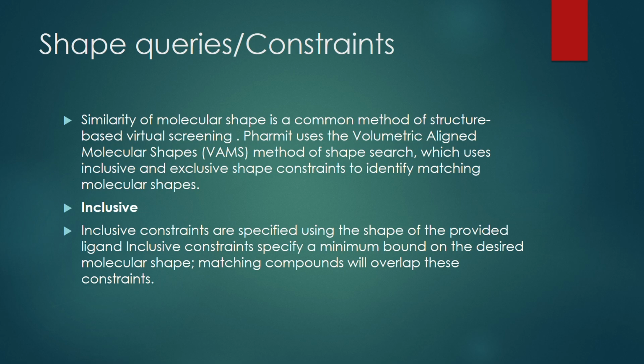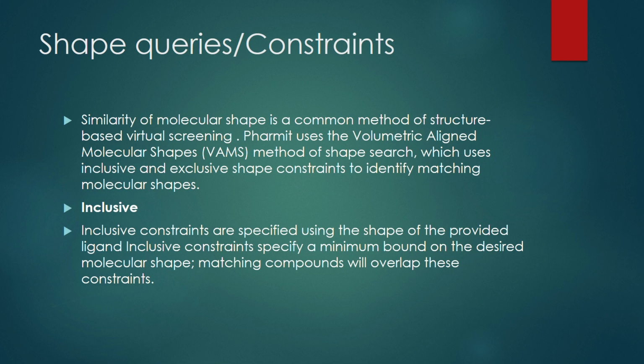Similarity of molecular shape is basically another method where the user can screen a database on the basis of structure. Inclusive and exclusive are two ways where the user can search a database: inclusive is about the ligand, and exclusive is about the receptor.